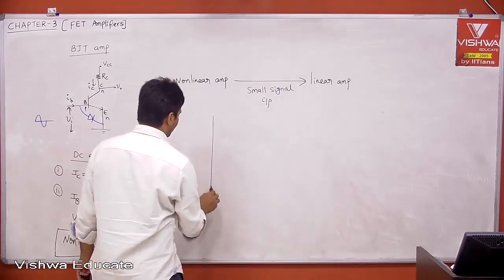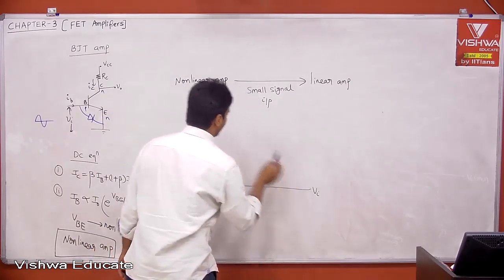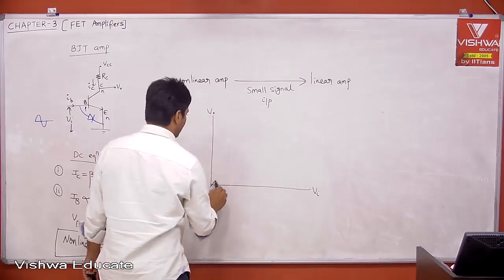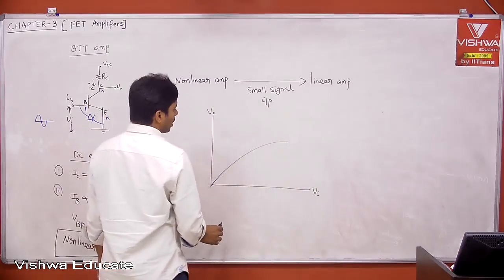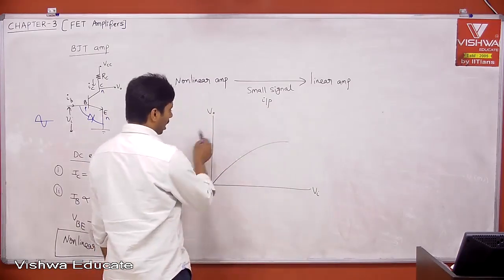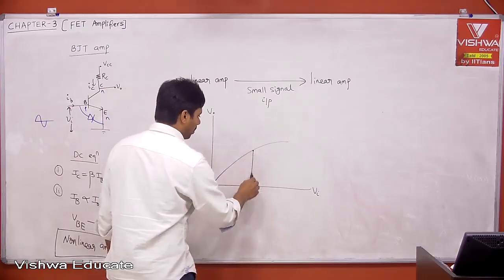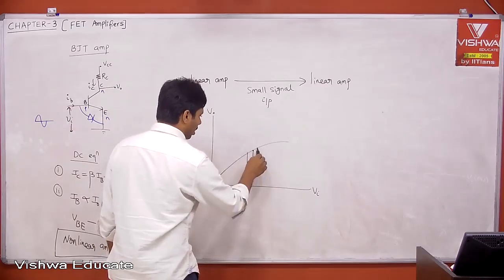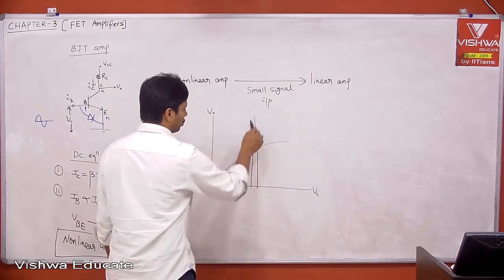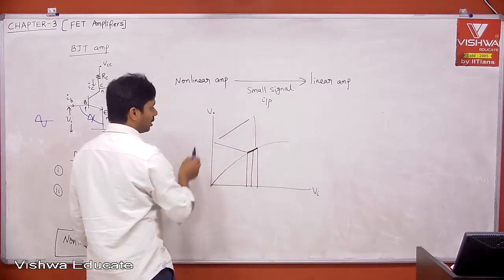I can explain. If you take a non-linear characteristic, with Vi and V0, we know the relationship is non-linear, and we know all the distortion. But don't apply the complete input; just apply the input here, then I can say this is linear. If you zoom into this portion, it is completely linear.